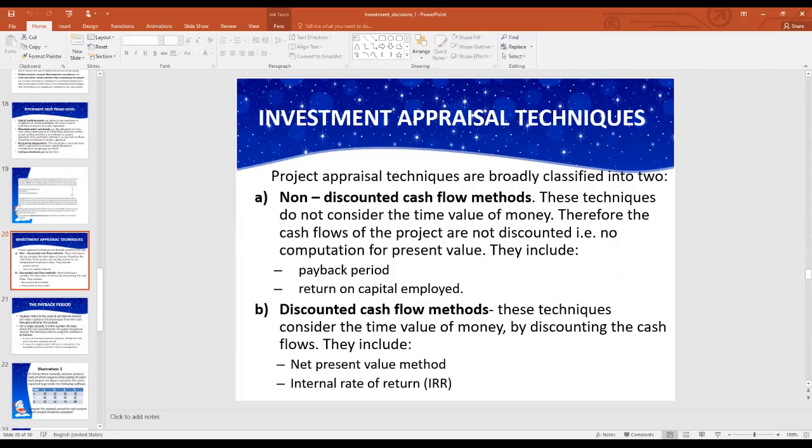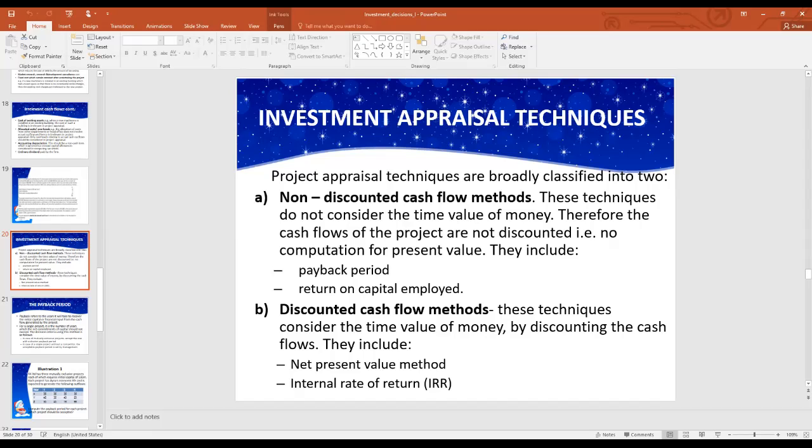In the case of the discounted cash flow techniques, we can use 3 methods: the discounted payback period, the net present value method, and the internal rate of return. So in total you have 5 methods of appraisal.